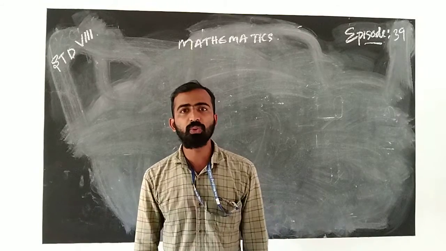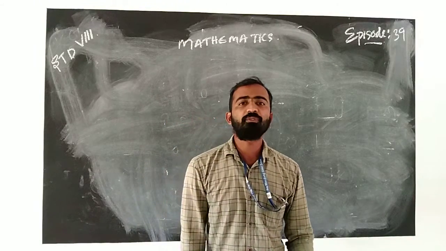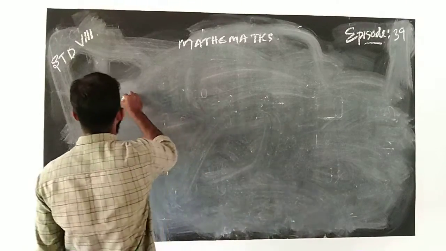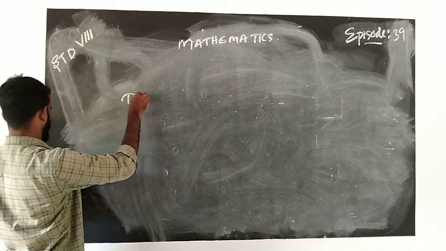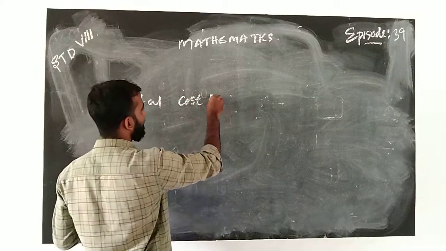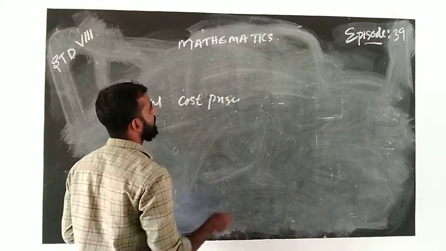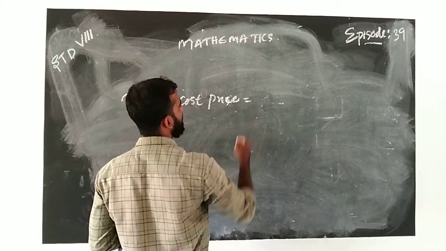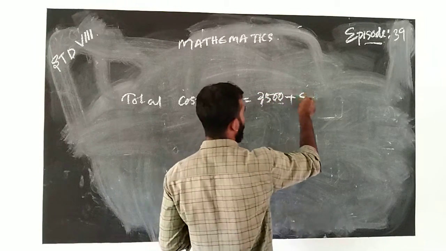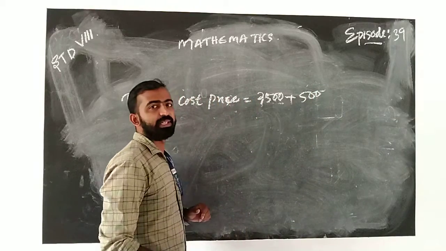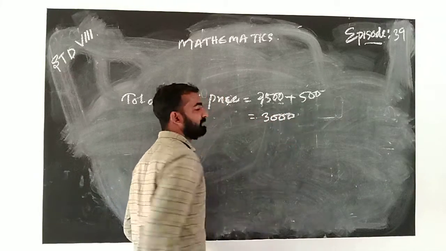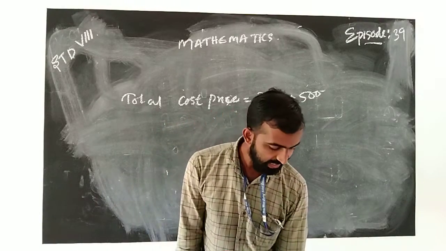And next, he spent 500 rupees on repairs. So the total cost price is 2,500 plus 500, that is 3,000.